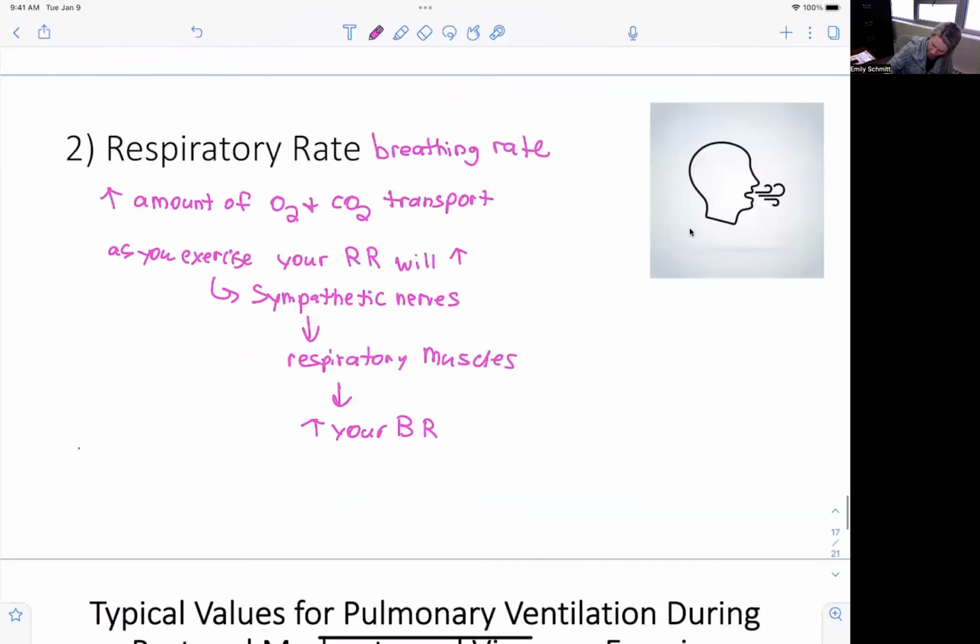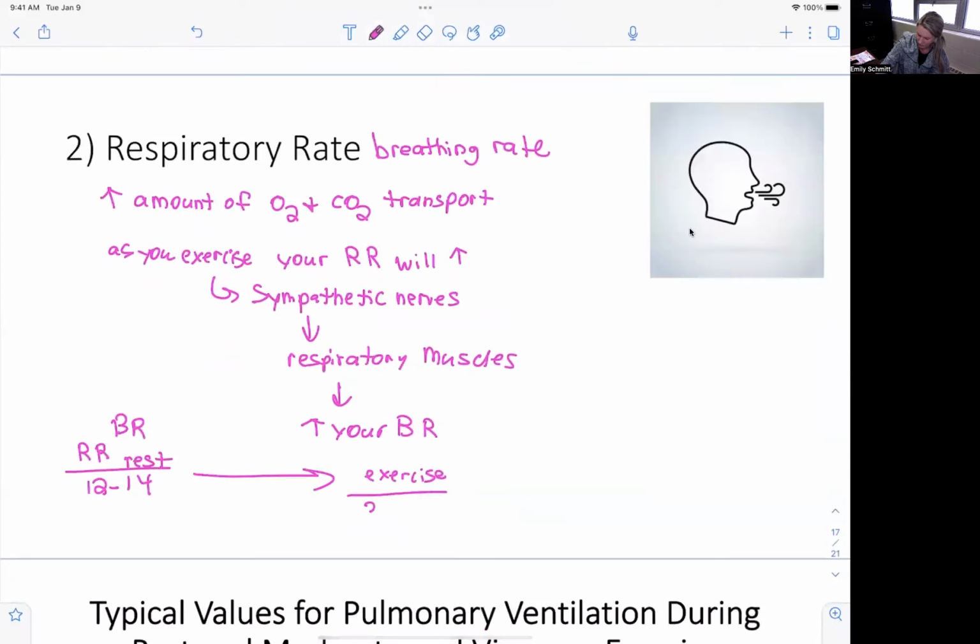So remember, your respiratory rate at rest is about 12 to 14 breaths per minute, whereas during exercise, you can be anywhere from about 30 to 50 breaths per minute.